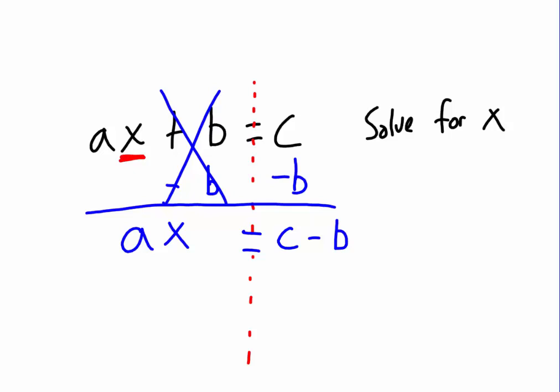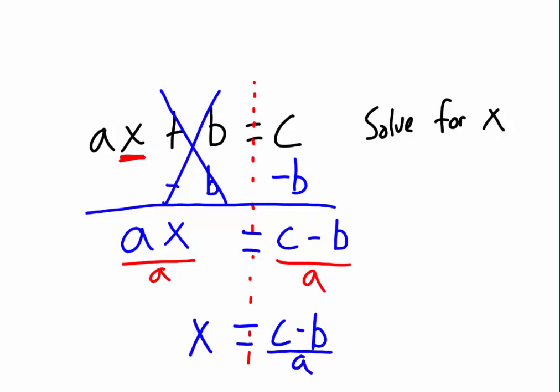math. So again, we look back over on the side with the x, and now we say, okay, that's A times x. So to get rid of the A, we got to divide by A. So I'm going to divide by A, divide by A, and that just leaves us x equals C minus B divided by A. And that's it.